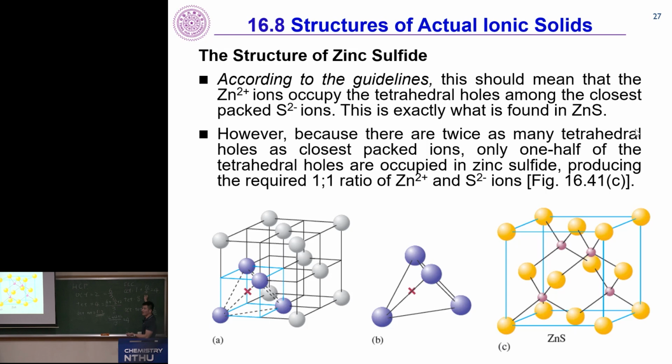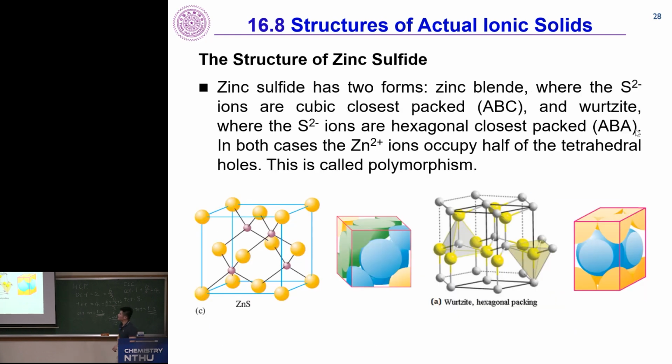The number of holes is the same, 4, 8, 2, 4. It's only because this is half of the unit cell, half of the size of FCC. So indeed, zinc sulfide has another polymorphism. It has another phase. What is that phase called? Wurtzite. The previous one is called zinc blende.